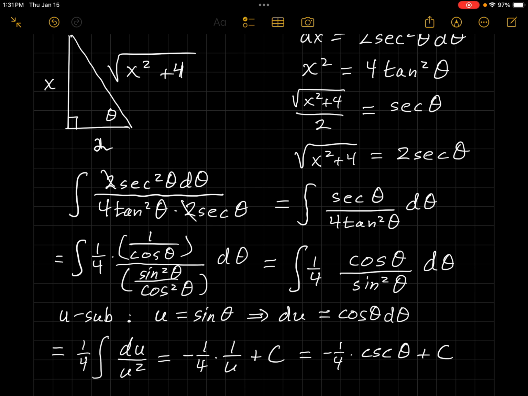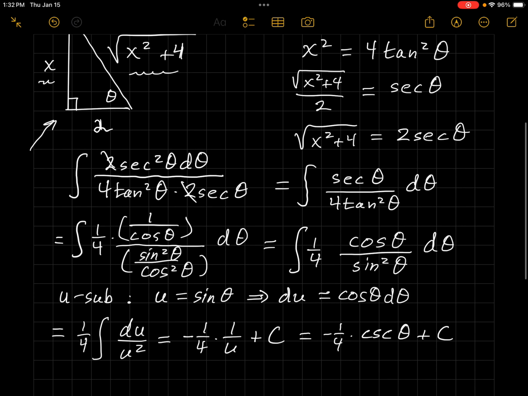And I got to go back up to my triangle here and know that cosecant is hypotenuse over opposite.